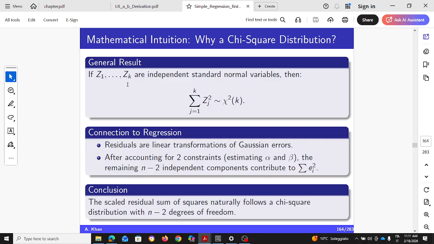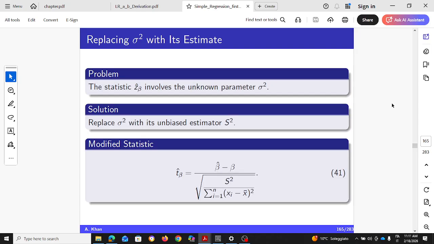But these terms should be independent, standardized, and normally distributed. Squaring them and adding all of them gives us a chi-square distribution, right? And in this case with 2 degrees of freedom.